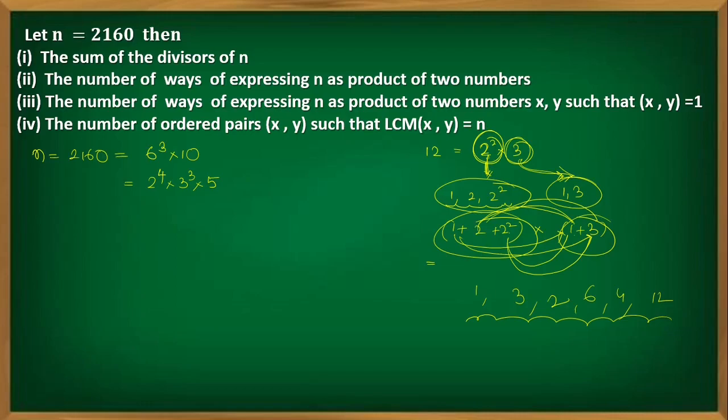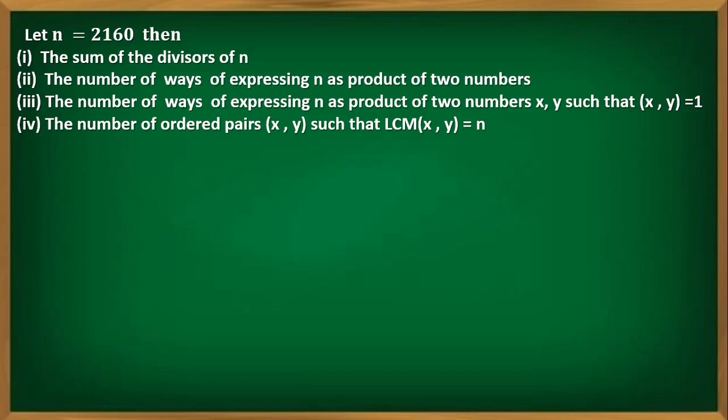which gives you the sum of all the divisors. Now for example, let's say I have a canonical form of a number n equal to p1 to the power of alpha 1, p2 to the power of alpha 2, like this, pk to the power of alpha k. Now related to the prime p1, whose power is alpha 1, what are the divisors we will have?